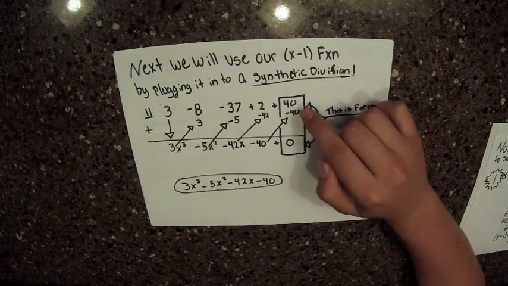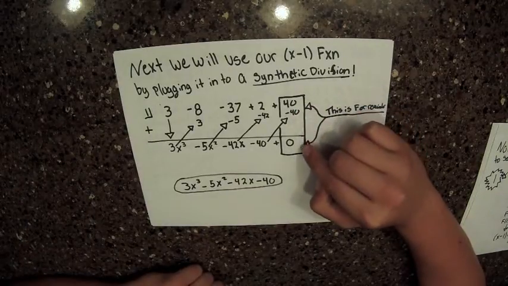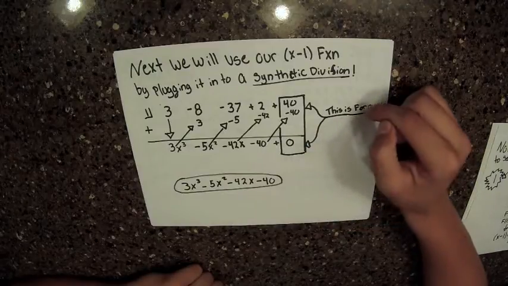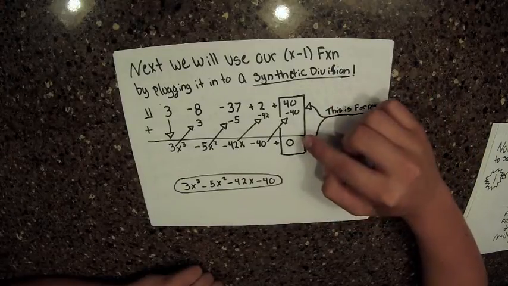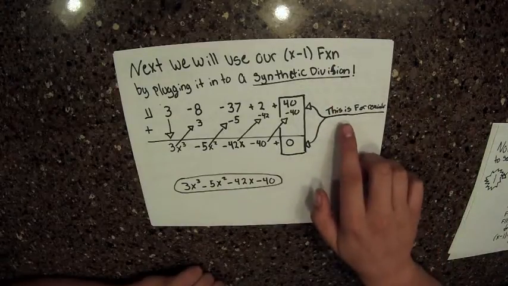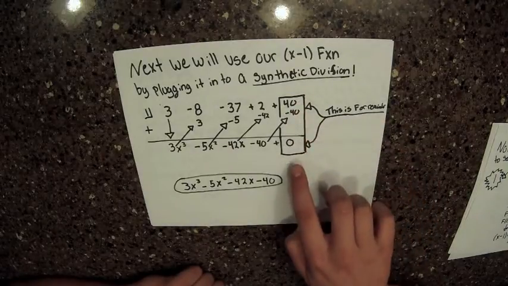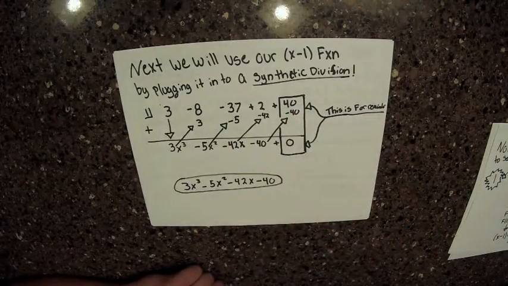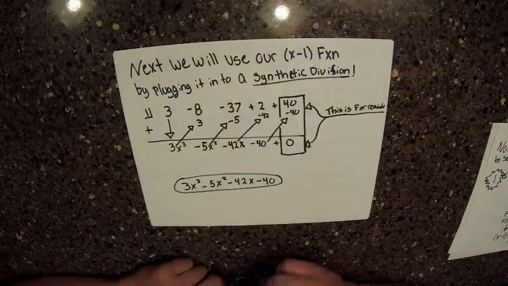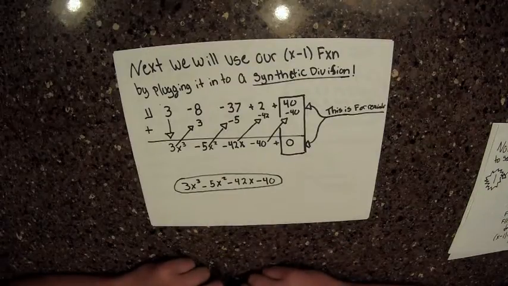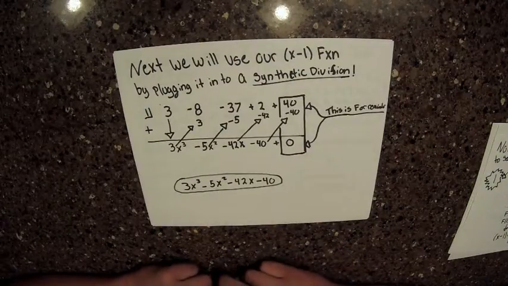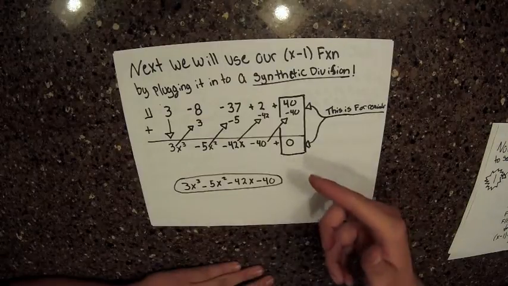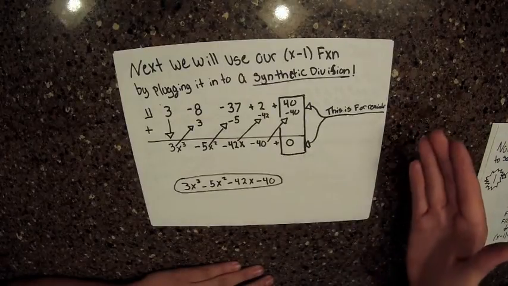And now you add 40 and negative 40, which gives you 0. That's good, because that means there is a remainder of 0. This last column, no matter where it is, is always for the remainder. So if the remainder equals 0, that means there's nothing left over and it fits perfectly, which means you've used the right number.